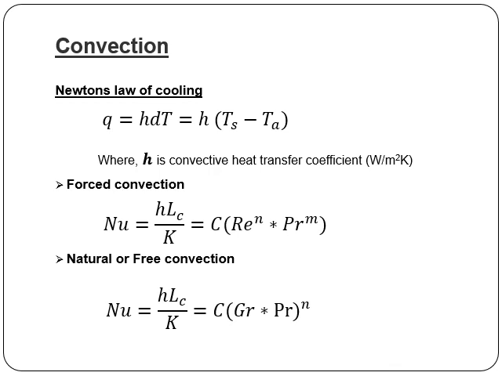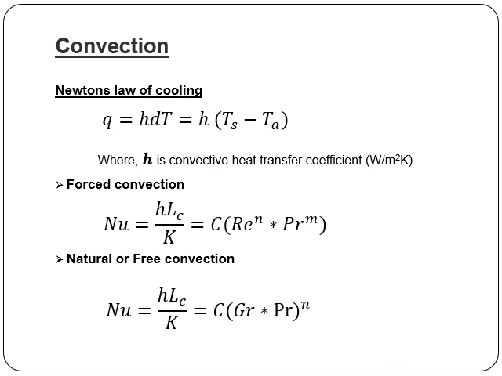So there are two types of convections. One is forced convection and the second one is natural or free convection. Forced convection means we are using some external agency for forcing fluid which is exchanging heat with the surface, or which absorbs heat from the surface.